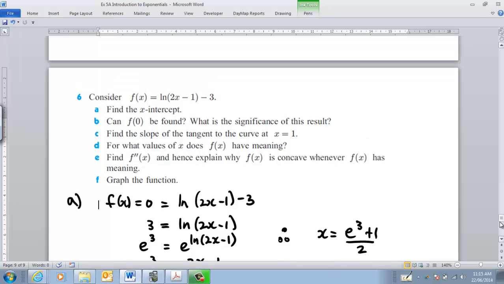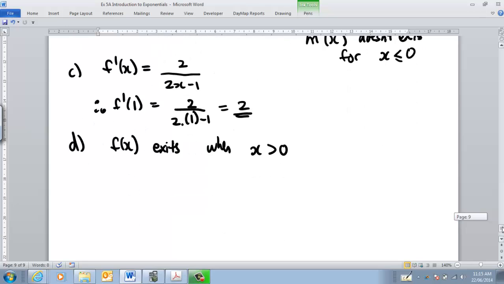And then it says find the second derivative and hence explain why f of x is concave whenever f of x has meaning. So if we do our second derivative, part E, our f double dashed of x. Thinking about that, we've got 1 over 2x take 1, so you could write this thing over here as 2x take 1 to the negative 1, isn't it?